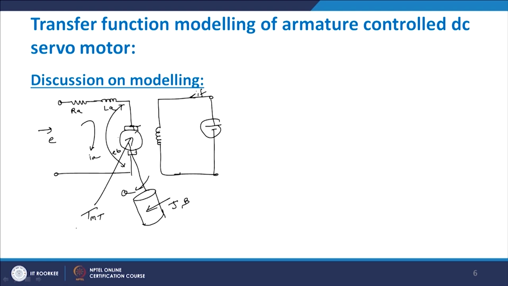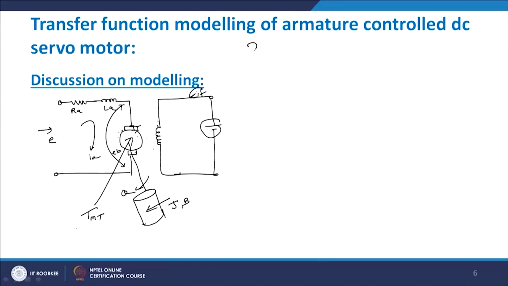So, as the field current IF changes, the flux changes, and this flux is responsible for getting the torque. When this conductor cuts the flux, we get the torque. And here is Eb, the back EMF, and E is the applied voltage. Now our main purpose is to develop a transfer function model of this servo motor, that is, to get theta(s) by E(s).